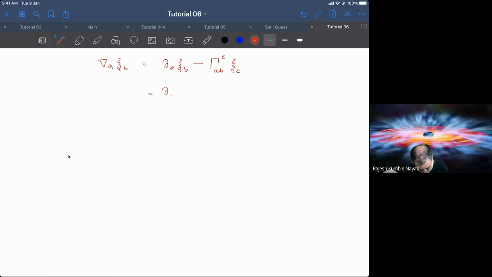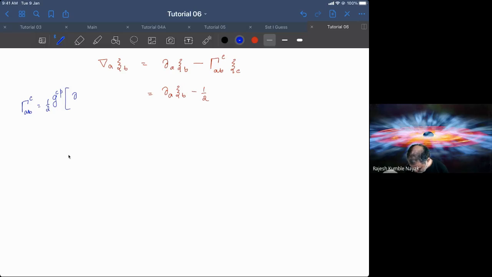Let's express this as a half. What is gamma? Gamma CAB we need. That can be written as a half GCP into, okay, there are three more terms coming.